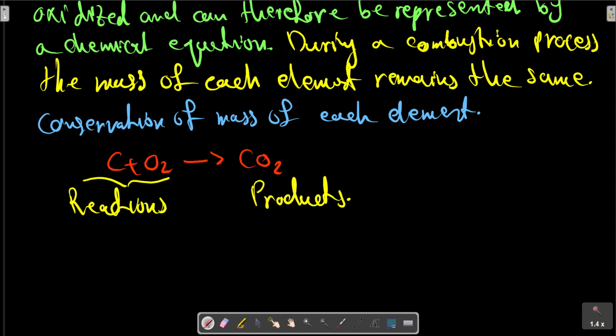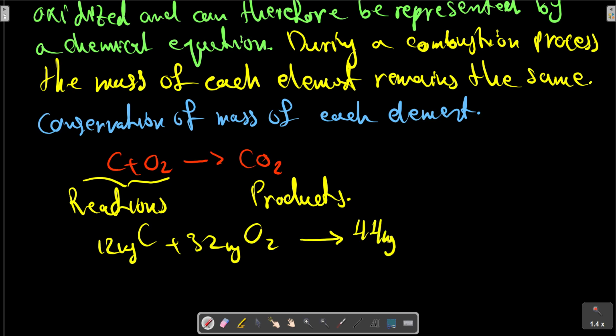This also means that 12 kilograms of carbon plus 32 kilograms of O2 will give us 44 kilograms of CO2.